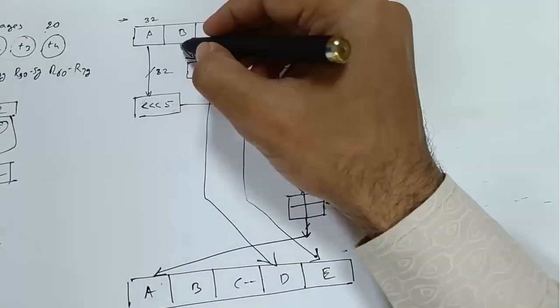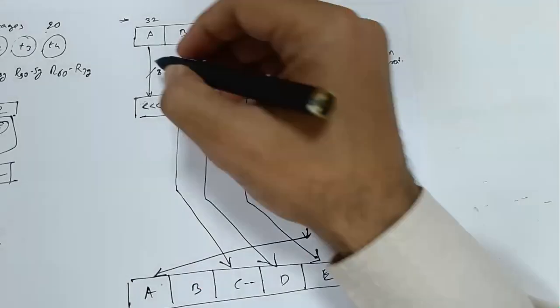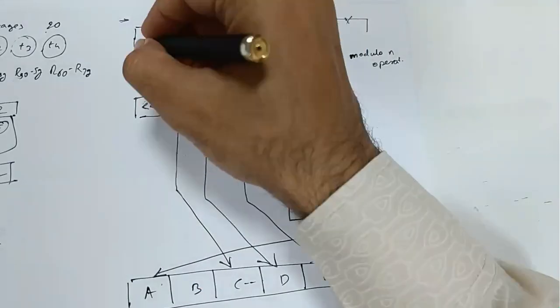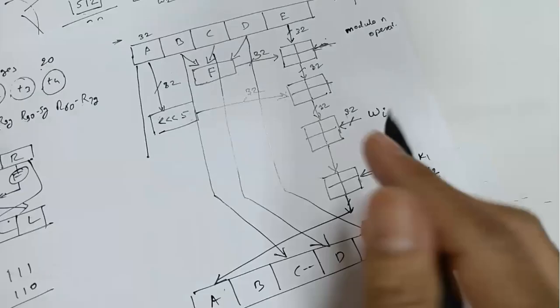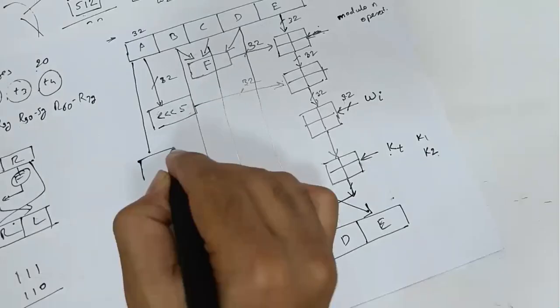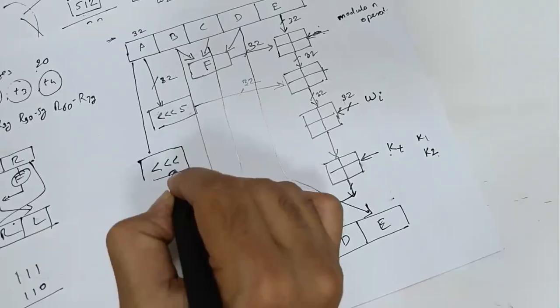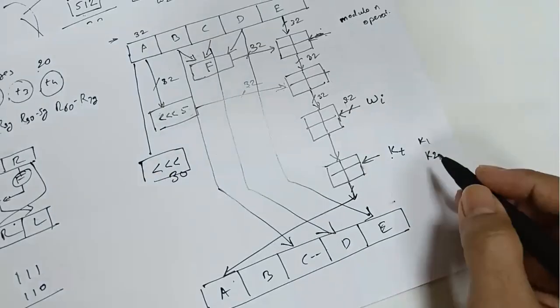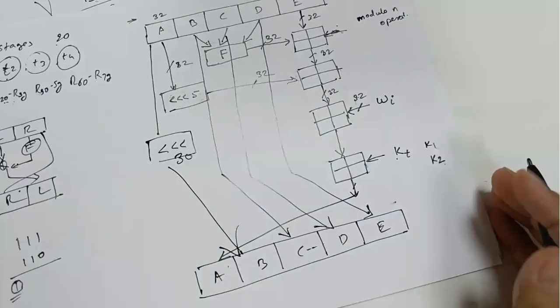B is getting shifted to the C location, and this A is not getting shifted as it is. What you have to do is shift it 30 bits left, and then transfer it to the next location.